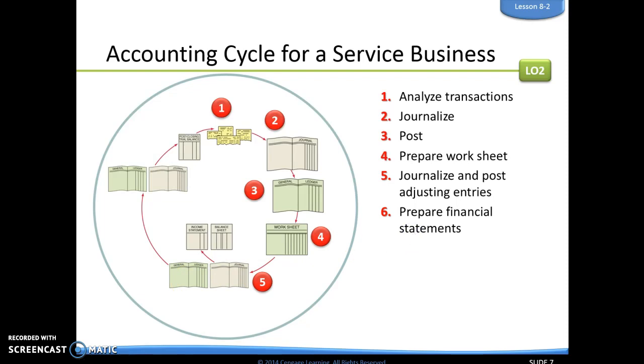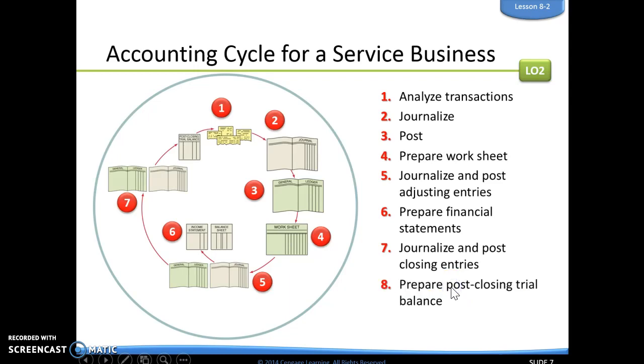Step number 6 then is where we're going to prepare financial statements. And so here they show us our 2 main financial statements are going to be our income statement and our balance sheet. Step number 7 then we're going to journalize and post closing entries. So put them in our journal, and then we post those journal entries into our general ledger.